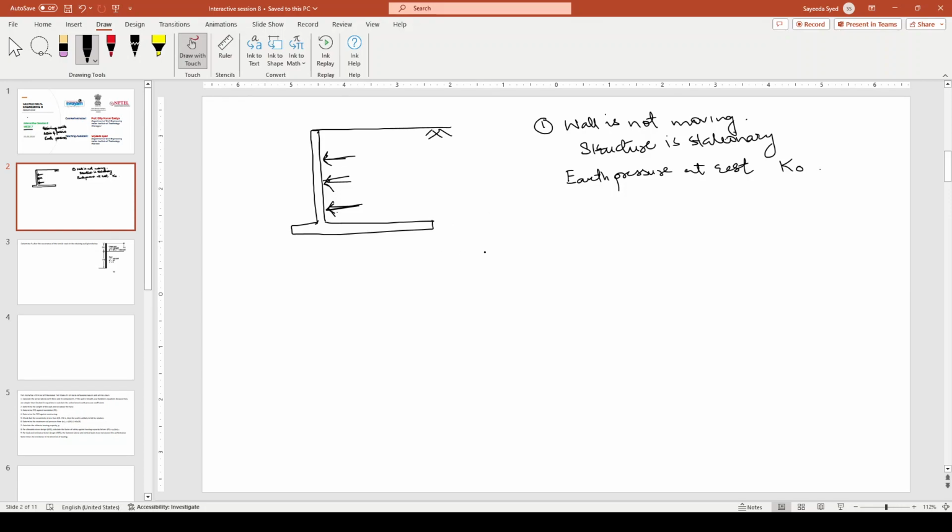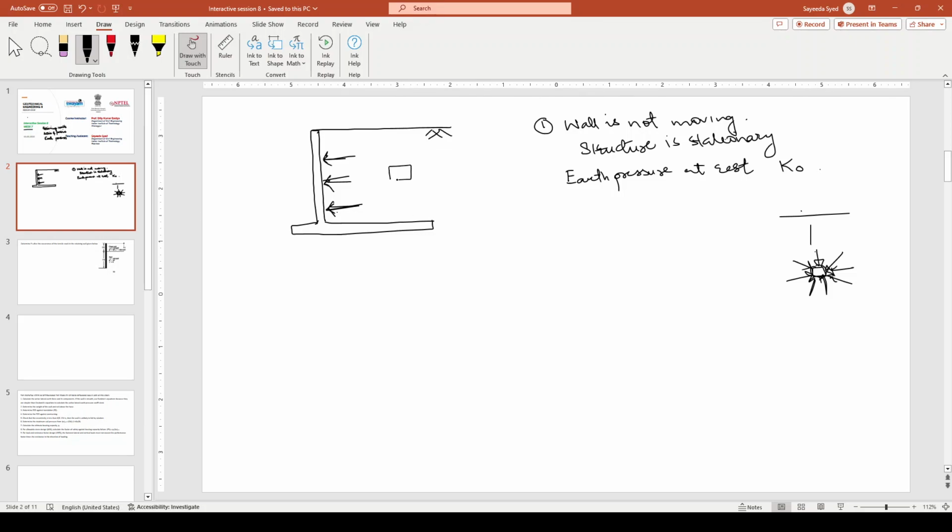Now, when we study fluid mechanics, we talk about a fluid element below a surface of water. We say that there is a hydrostatic pressure, which means that on this element, the pressure in each direction is same. But in soil, since it is not a fluid, the property is a bit different.